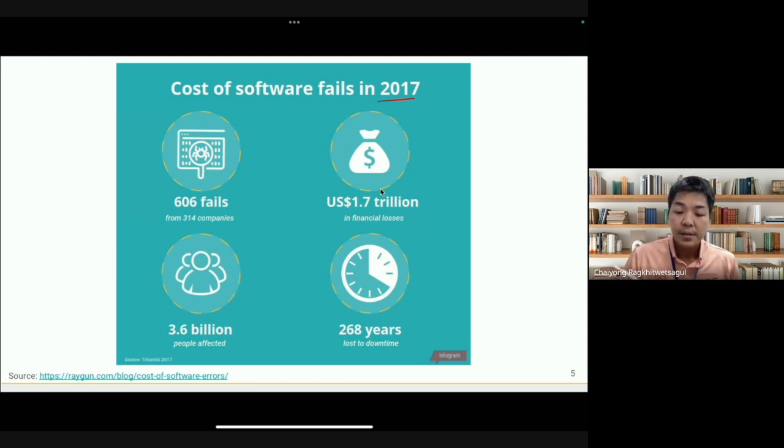They studied 314 companies with 606 software failures. They found that the cost of these failures sums up to $1.7 trillion, and it affects 36 billion people around the world. If you accumulate all the downtime of the software, that could add up to 268 years.